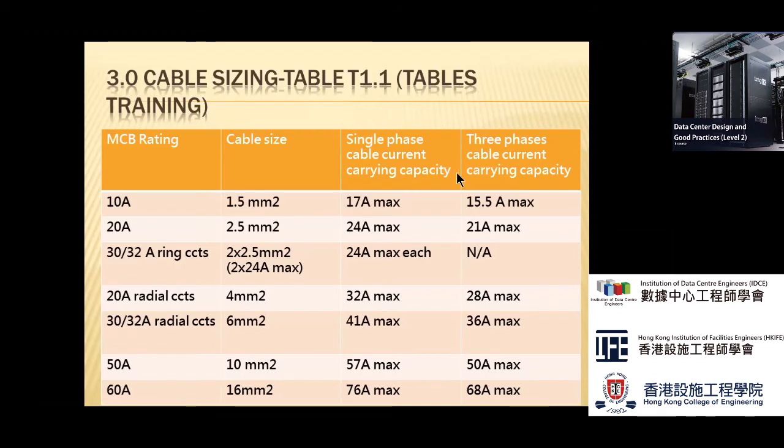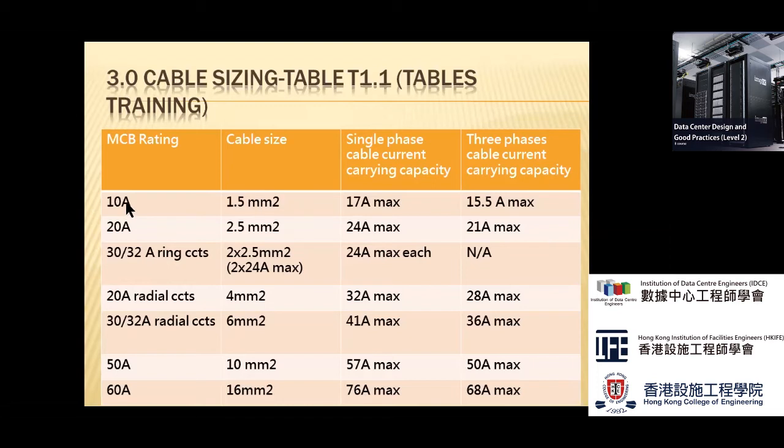Now suppose you use a three-phase cable, then for 1.5 mm square, each cable can provide 15.5 amp maximum per phase. This is a single phase, this is a three phase, based on the 1.5 mm square.